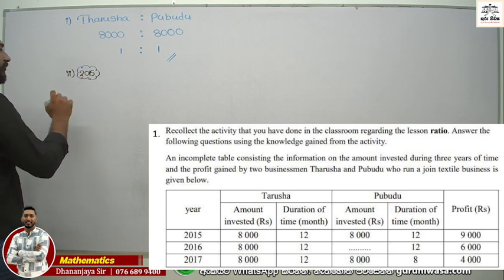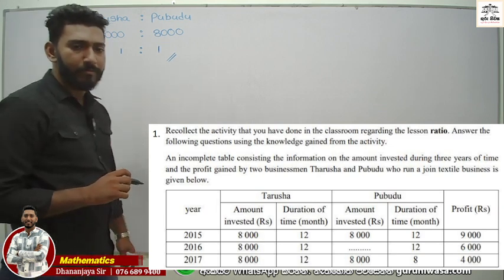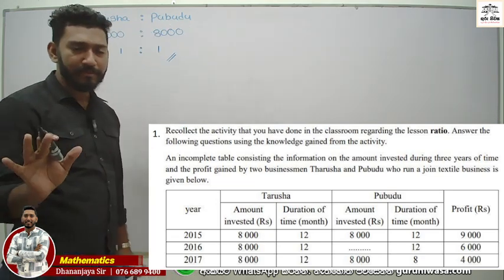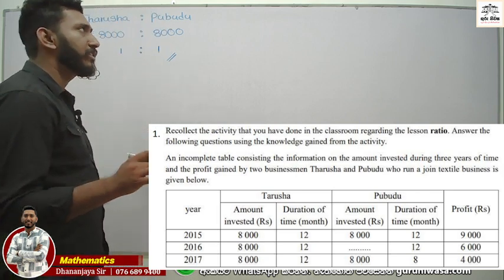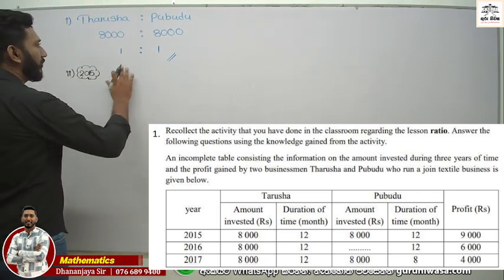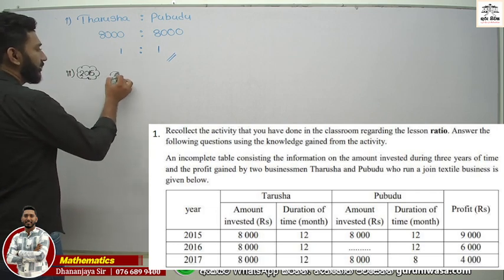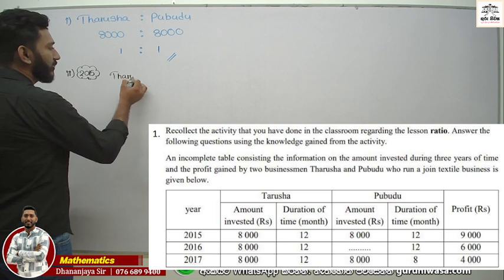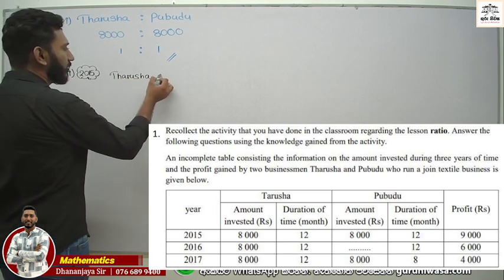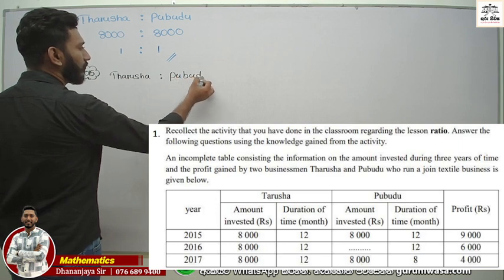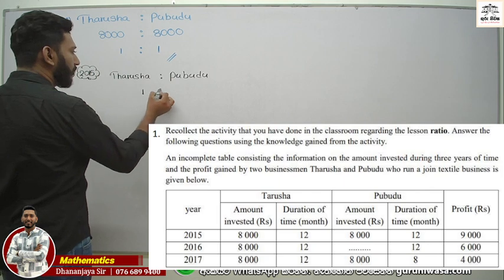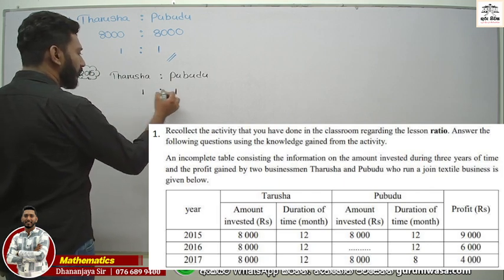Now I'm going to discuss that the number of months is the same. Therefore, 2015 is 1 to 1. Therefore, what is the amount received by Tarusha? And this is Pubudu. 1 to 1, right?